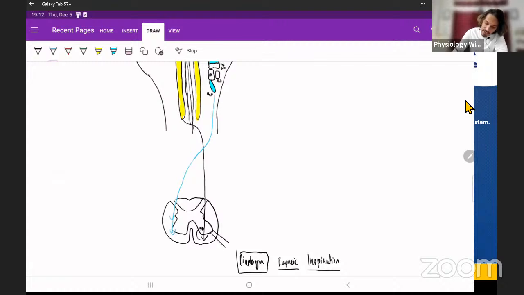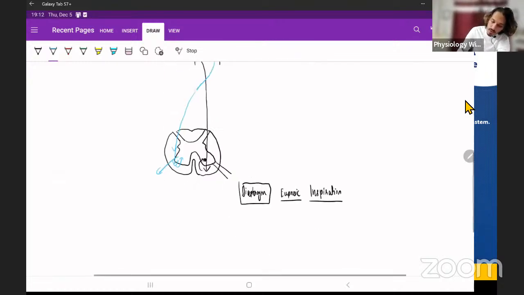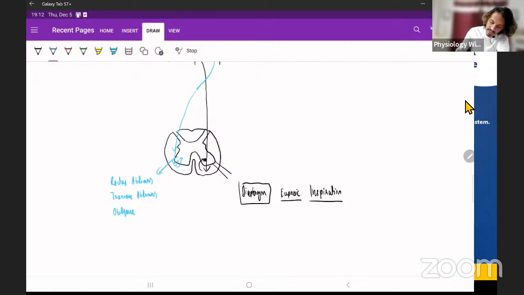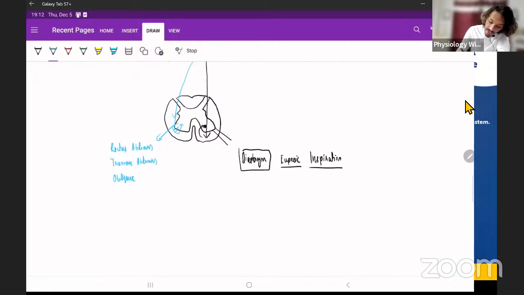So this expiration will go here like this and come out, and it will go to your rectus abdominis, your transverse abdominis, your oblique muscles, internal and external oblique, and we have the internal intercostals. All of these are expiratory muscles.